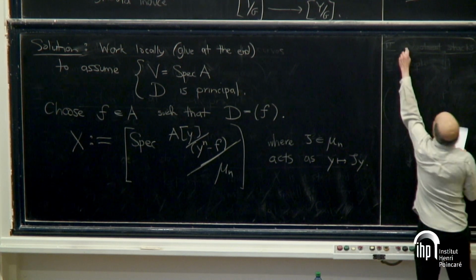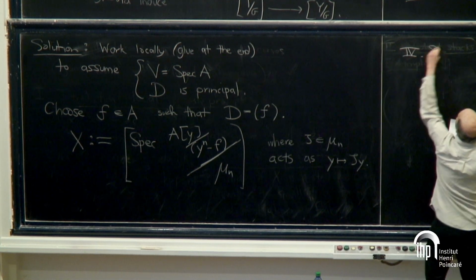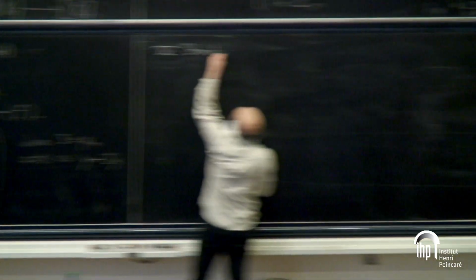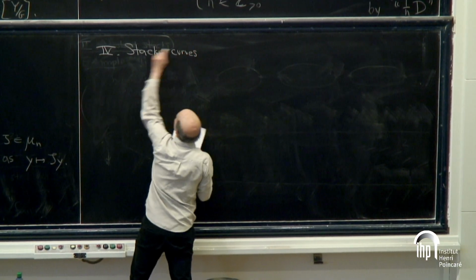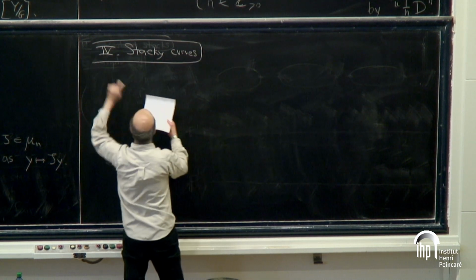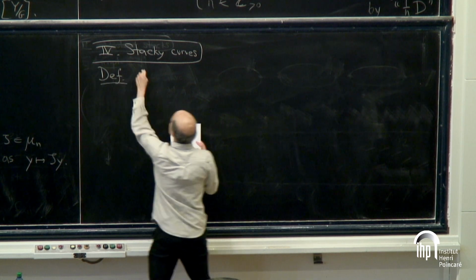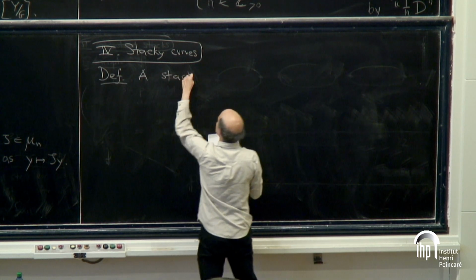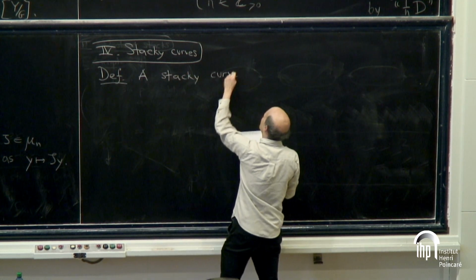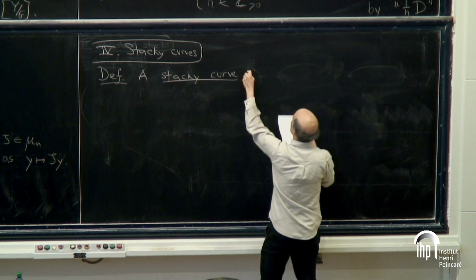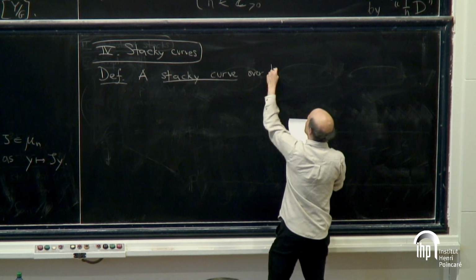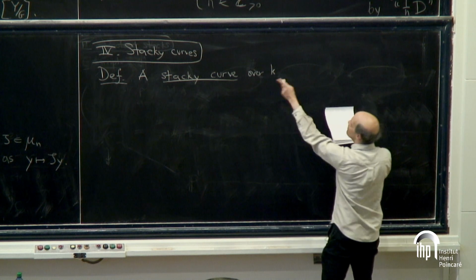A Stacky curve in this talk will be over a field K. Well, K is actually going to be a number field, the same as at the beginning.